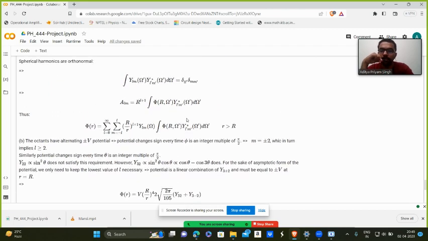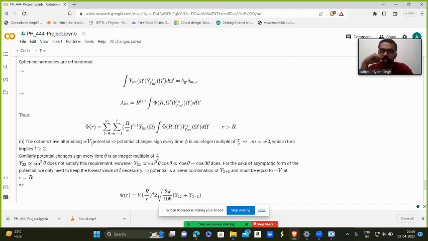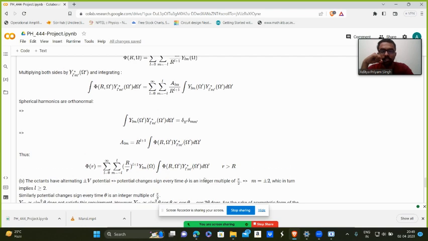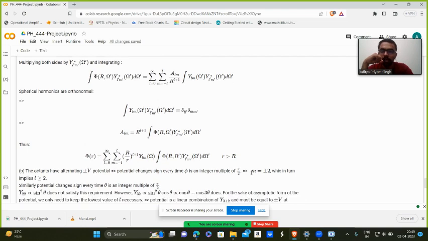As given in the question, the octants have alternating plus minus V potential. So this implies that the potential sign should change every time phi becomes an integer multiple of pi by 2, which implies that M is plus or minus 2, which in turn implies that L is greater than or equal to 2, since M can never be more than the modulus of L.